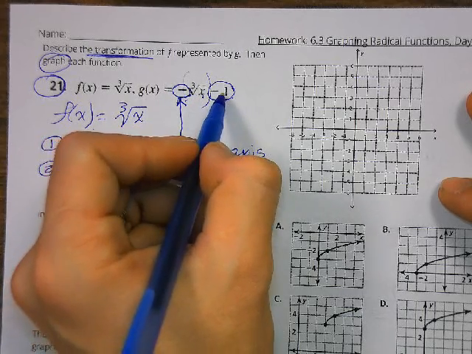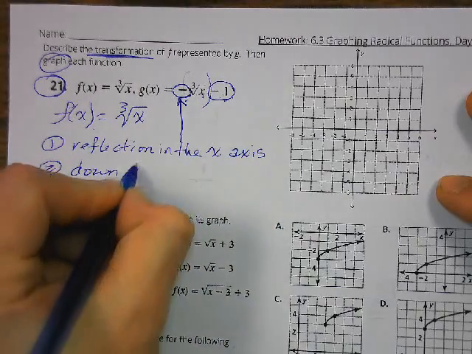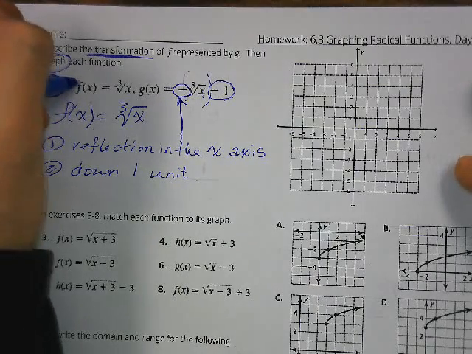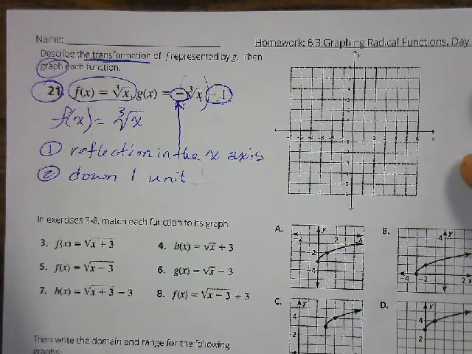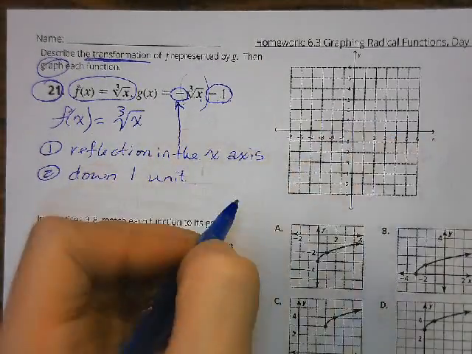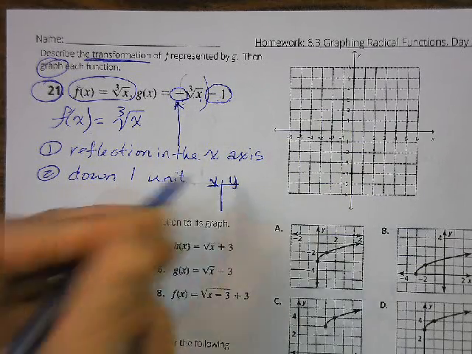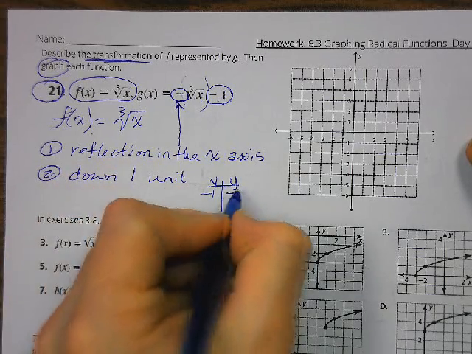Let's go ahead and graph f of x first. F of x is the cube root of x. So you can make a little table off to the side, a little xy table. The cube root of negative 1 is negative 1, because negative 1 times negative 1 is positive 1. Positive 1 times negative 1 is negative 1.